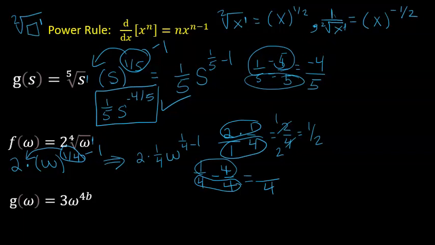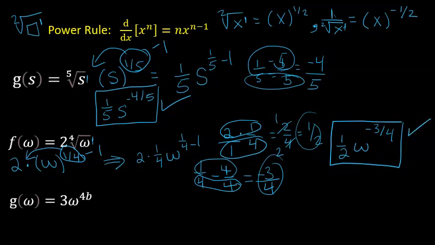Yeah, I was doing the top part. 1 minus 4 is going to be negative 3. Right? So that's going to be the nth degree. And the setup for the final answer is going to be half to the negative 3 over 4. This is my final answer.